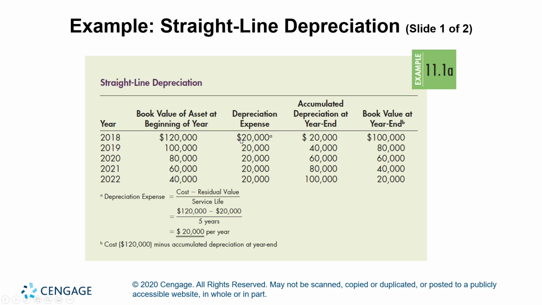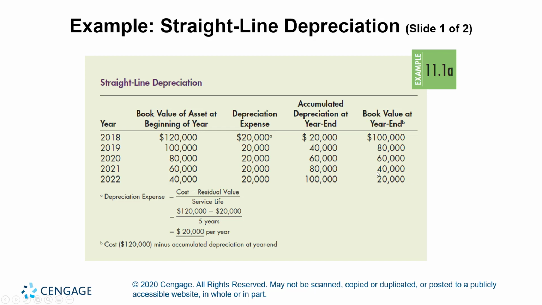Accumulated depreciation is the sum of all depreciation, so we keep adding each year's depreciation. And the book value is beginning value less accumulated depreciation equals book value at the end. So by the time 5 years is up, this is straight line, you will have depreciated a total of 100,000 and you will have a residual value or ending book value of 20,000.